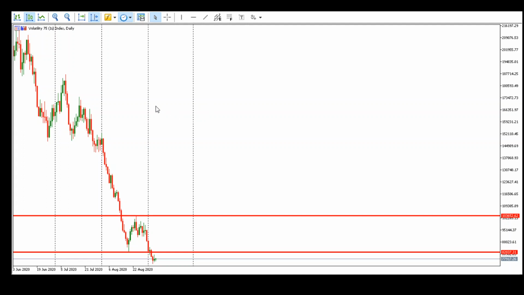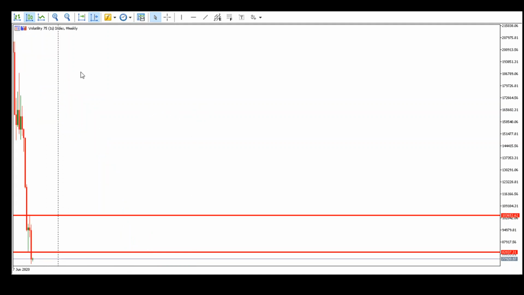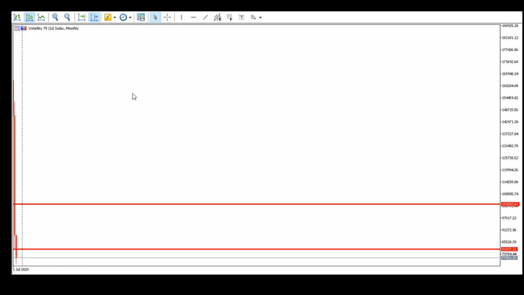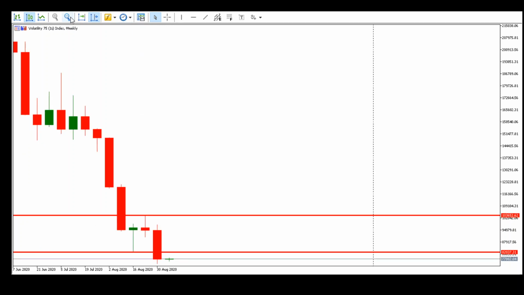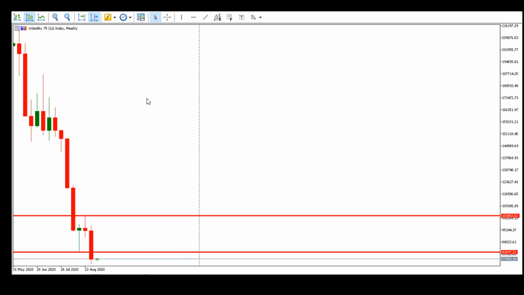H4 is the weekly range, and in the weekly and monthly time frames, you are in an annual range. If you are in a monthly time frame and the weekly time frame, it's the same, you are in an annual range. So this is what is happening in this year.